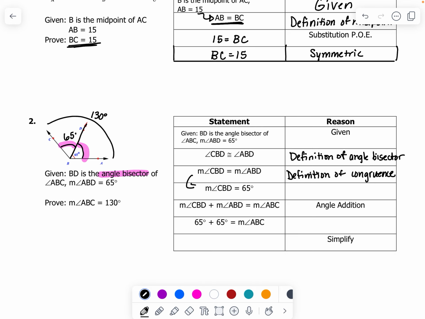Okay. And what did we do when we went from this line to this line? We changed this to this. How did we know we were able to do that? Right up here. The measure of ABD is 65. So we can use substitution.